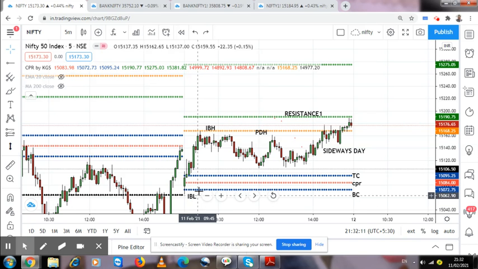So you can see that the initial balance high was 15,168 and the low was 15,065.